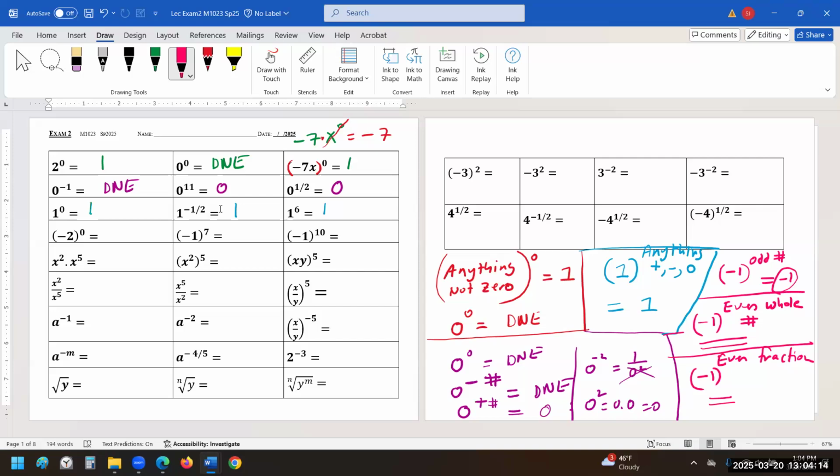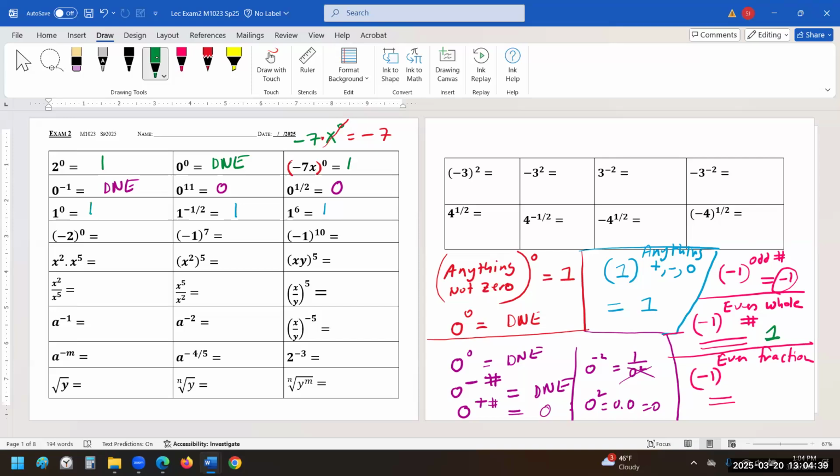With the whole number, what's the answer? 1. Because let's say negative 1 squared, it means negative 1 times negative 1, it becomes positive 1. And it's true for any even whole number. It doesn't matter how many times, as long as you have negative 1 to an even power, the answer is always 1.